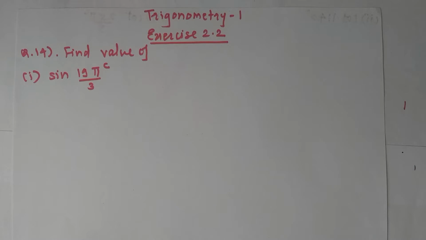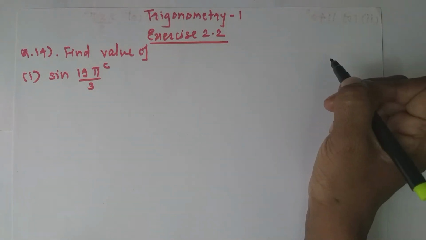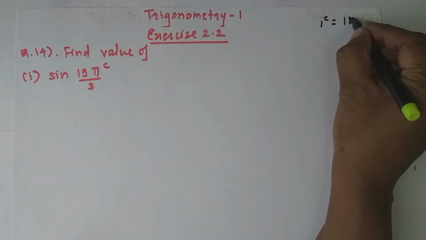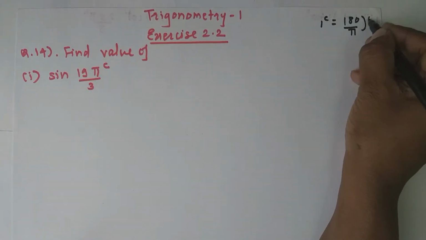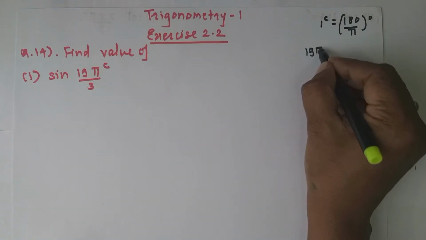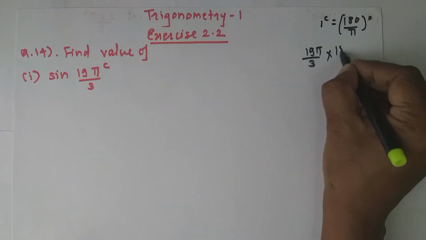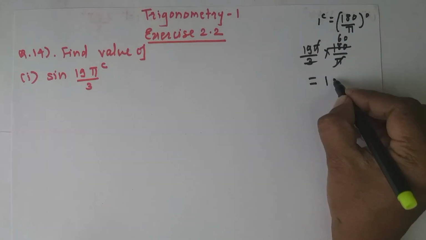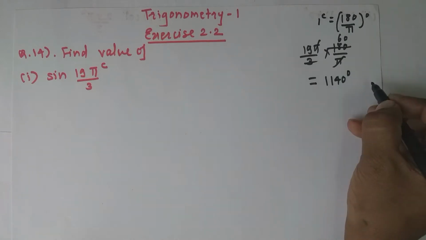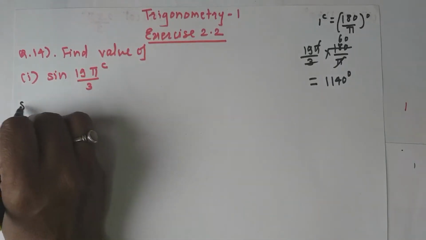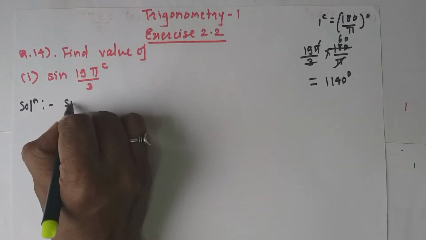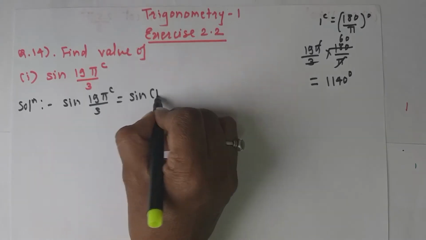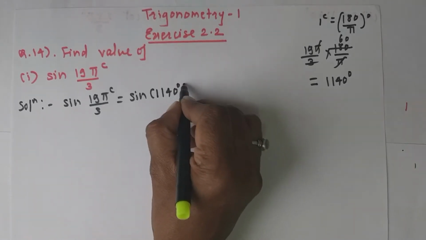First we will convert this radian angle into degrees, and we know that 1 radian is equivalent to 180 divided by pi. Now if I multiply 19 pi divided by 3 by 180 by pi, this will be the angle of 1140 degrees. For convenience, I will write sine 19 pi divided by 3 radians as sine 1140 degrees.